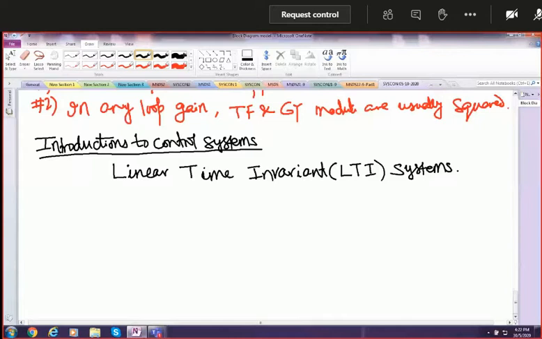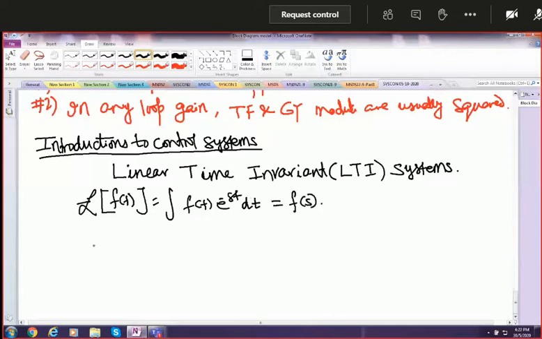So the usual Laplace transform definition: Laplace transform of f(t) is the integral of f(t) e to the power minus st dt. We write it as F(s). Some basic things you know: Laplace transform of the integration of f(t) dt is F(s) times 1 by s, F(s) by s.